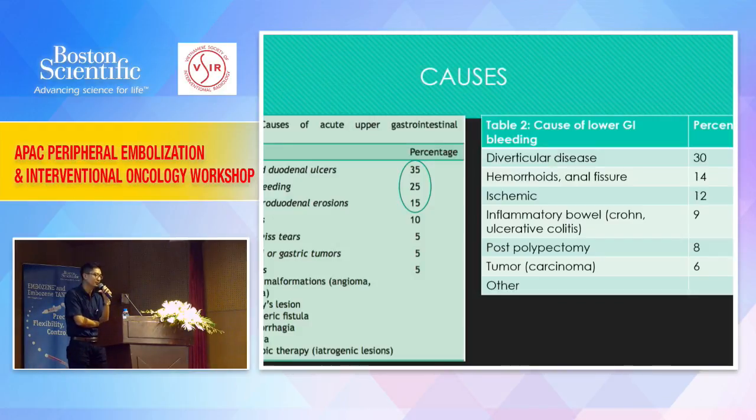The causes are different. With upper GI bleeding, the common cause is ulcer or erosion of the stomach or duodenum, while lower GI bleeding often comes from diverticular disease or anal fissure.